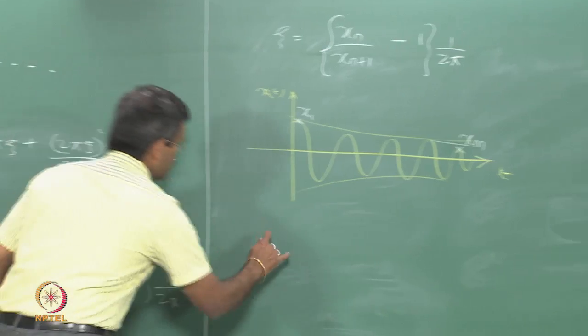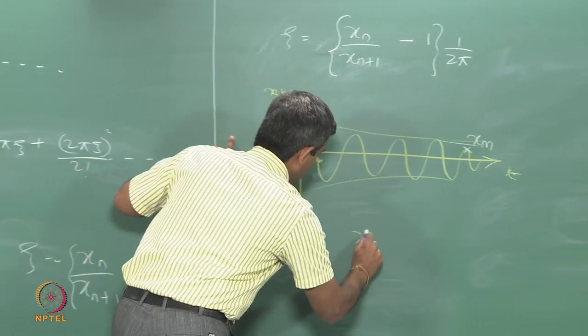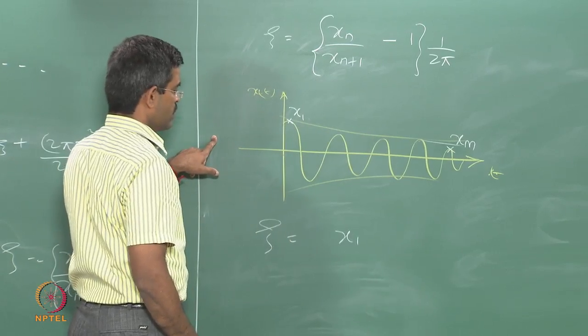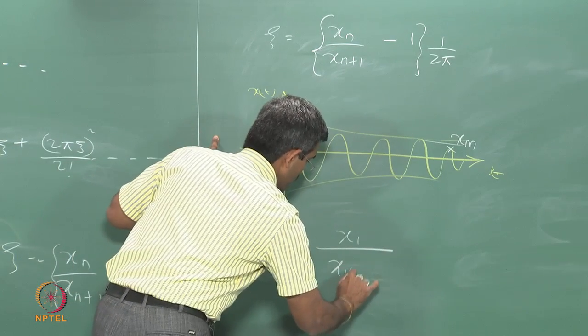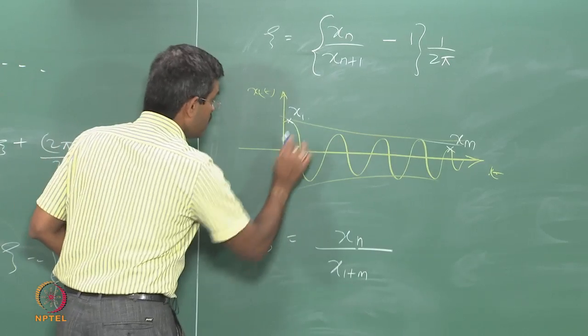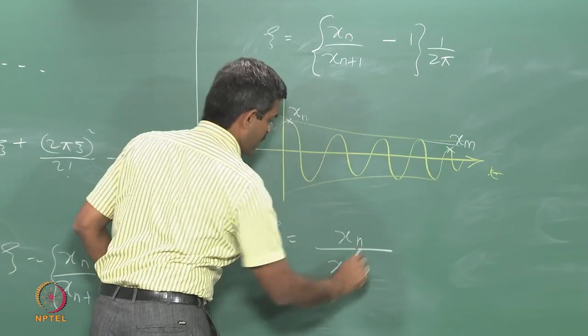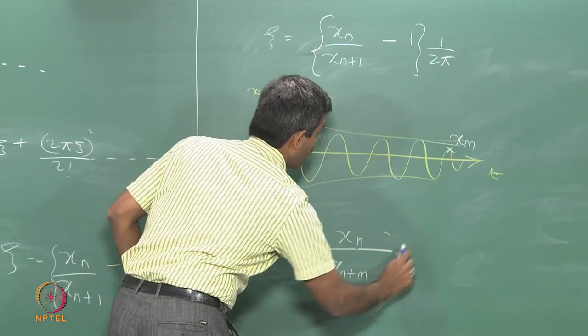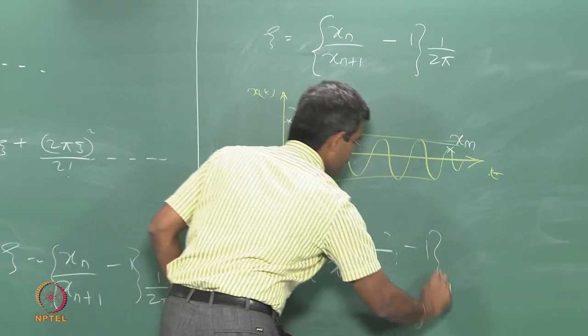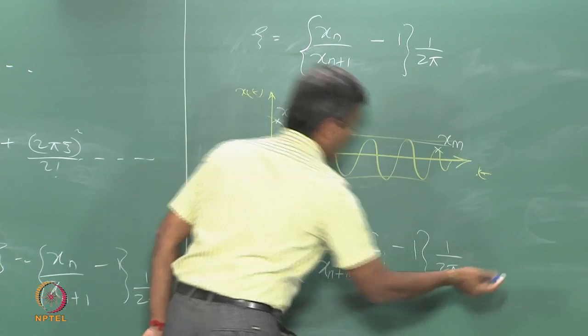So, I must say zeta as a generalized form as x 1 by x 1 plus m, or let us say x n. You can start from anywhere. Let us be x n, this is x n plus m, minus 1, by 2 pi m.